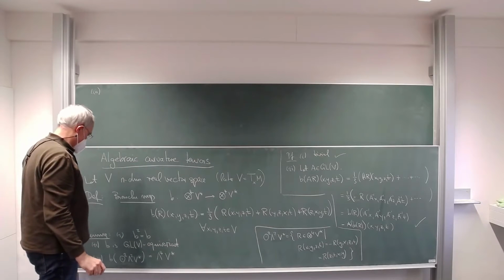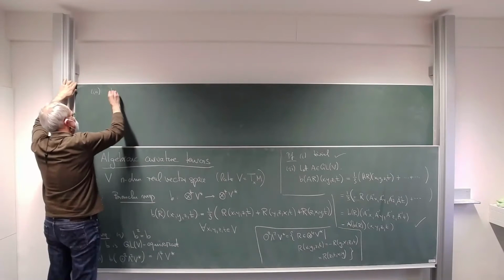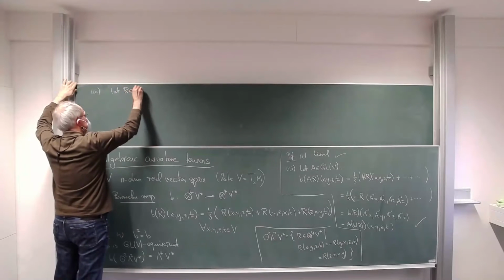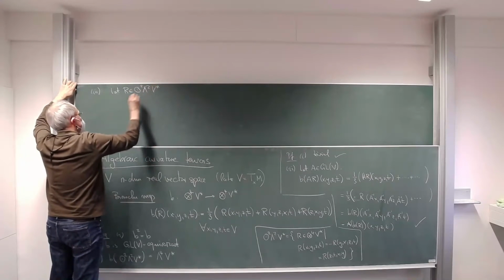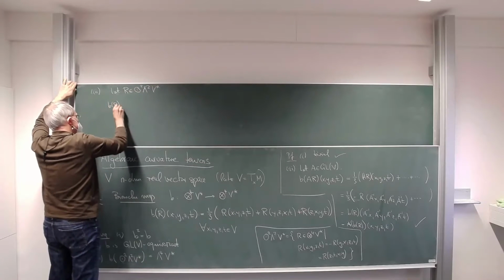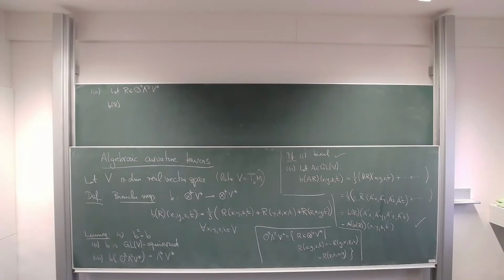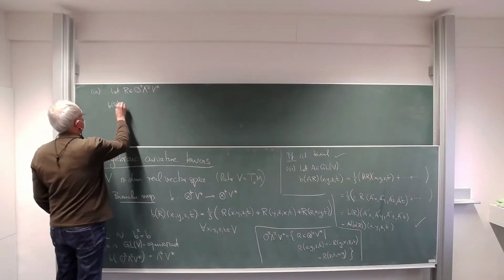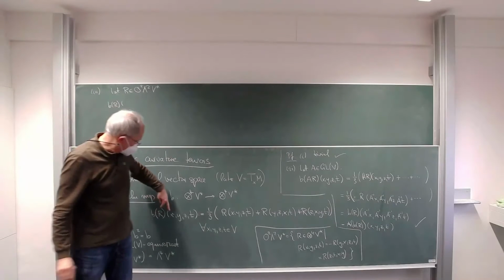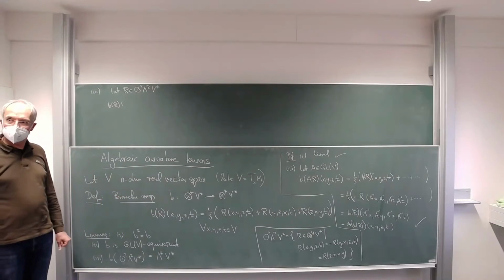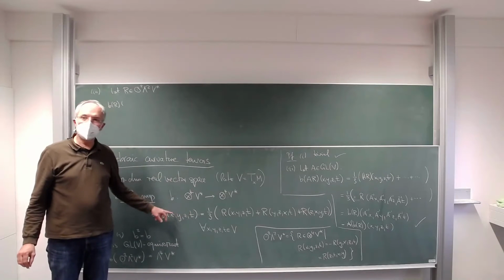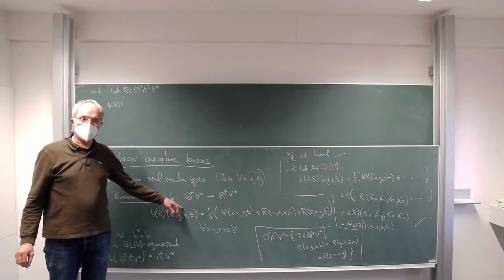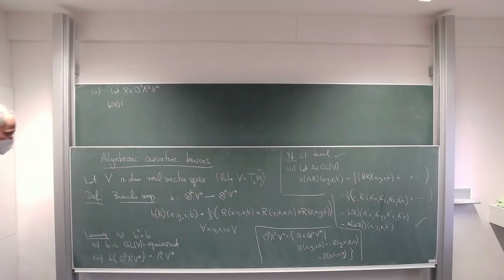If let R be in the subspace, and we want to check that B of R is totally anti-symmetric. And so that means if I insert 4 vectors and interchange 2 of them, I get a sign. Or equivalently, if I put in 2 equal vectors somewhere, I get 0. And so we have to check that now.